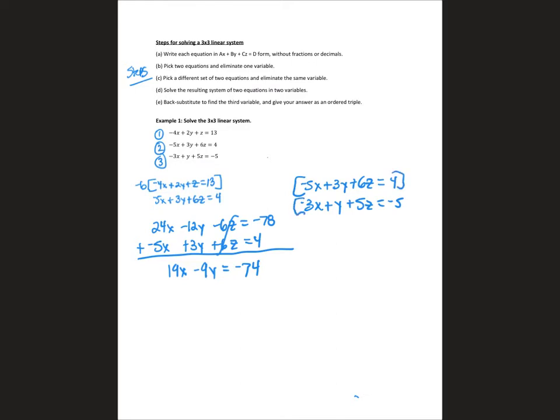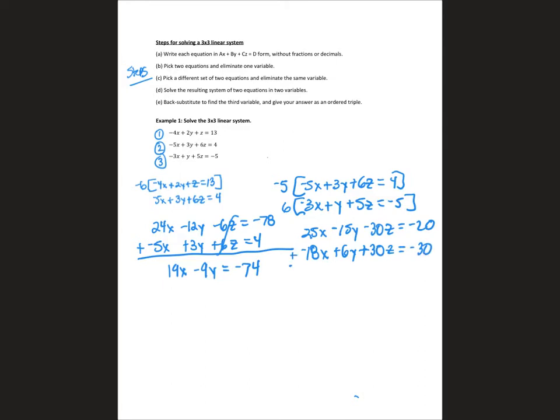Notice in my first equation, I have 6z. My second equation, I have 5z. I'm going to multiply the top equation by negative 5 and the bottom equation by 6. So I get 25x minus 15y minus 30z equals negative 20. And on the bottom, I have negative 18x plus 6y plus 30z equals negative 30.